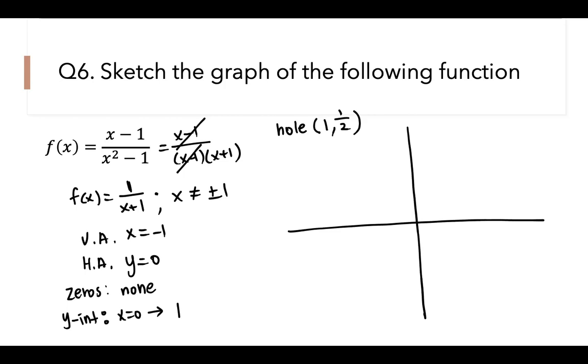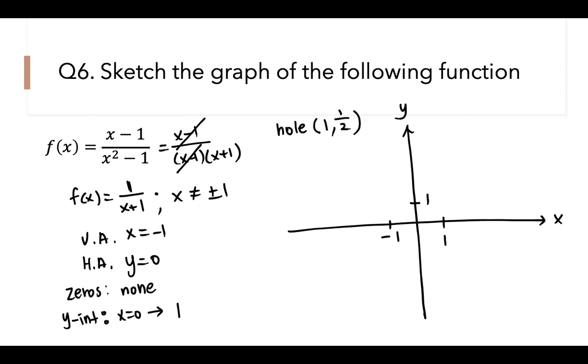Okay. So let's identify the key points. It seems like we have a y-intercept at 1, and then x equals negative 1 and 1. So I'm going to just label all the key points. Okay, so using a different color, let's try blue. First thing, we have a hole at 1, 1/2.